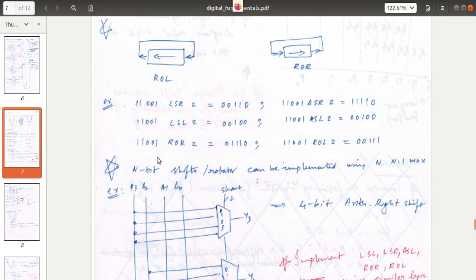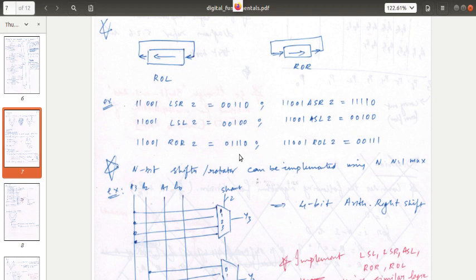So first of all, these 3 will be shifted here and this will be shifted one by one here. That is rotate. So basically the main difference between shift and rotate is that in shifting we are actually losing bits, but in rotate we are not losing bits, we are just rearranging them, right?